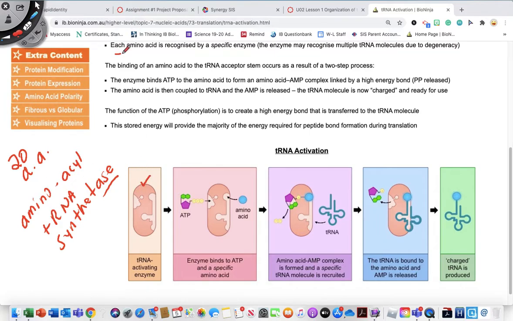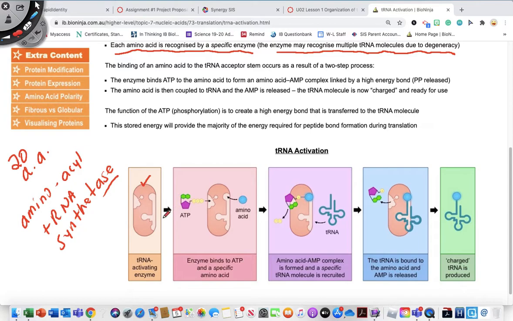So that's what they mean by this. Each amino acid is recognized by a specific enzyme, although the enzyme may recognize multiple tRNA molecules due to degeneracy. And this is because, remember that in the codon table and in the code, there could be multiple codons for one particular amino acid, and that's what that means.